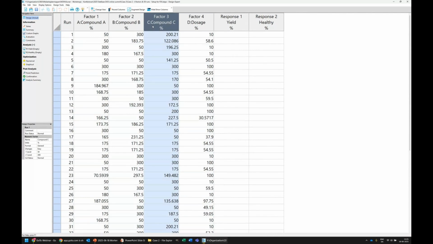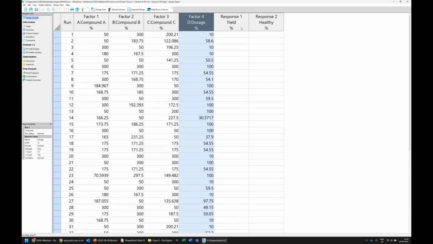Just for reasons of confidentiality, I've coded it as percentages of their starting conditions. For each of them, they could either decrease the amount of compound A they put in or increase it by a lot. Similarly for B and C, while factor D is the overall dosage of these compounds that they put into the growth medium.